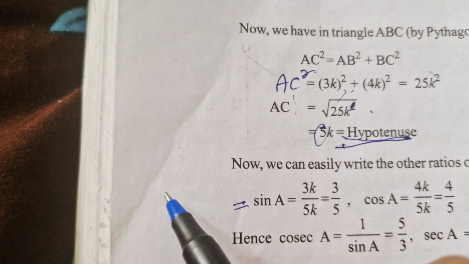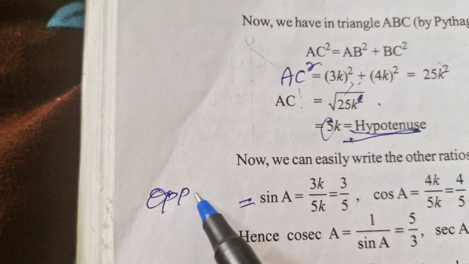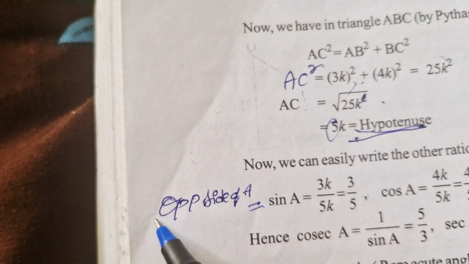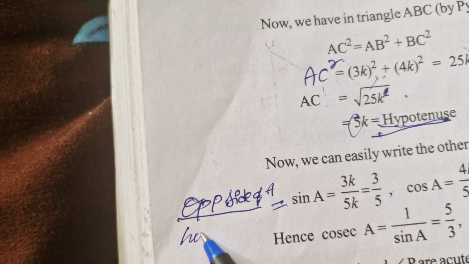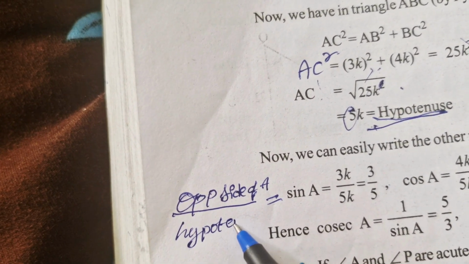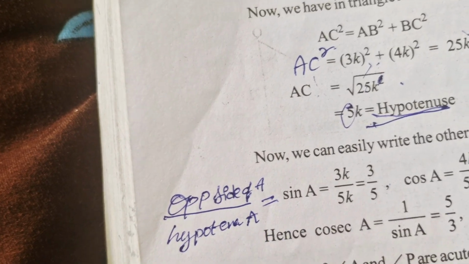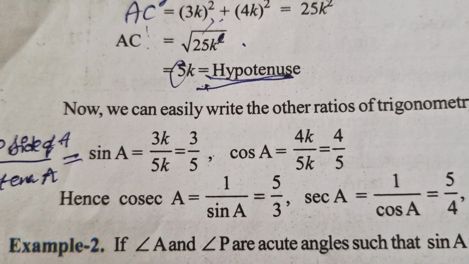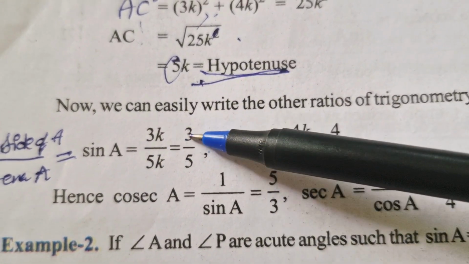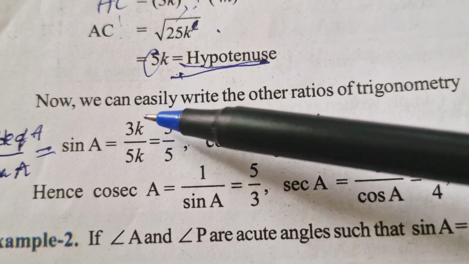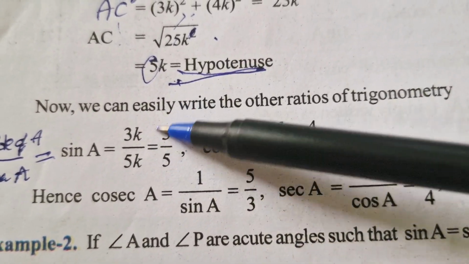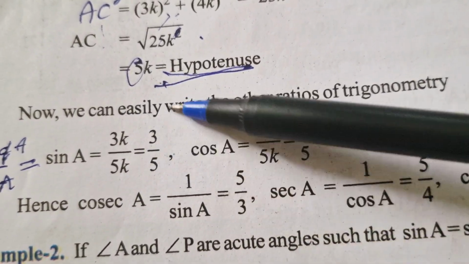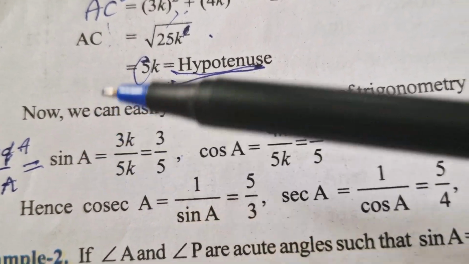It can also be written as opposite side of A by hypotenuse of A. They have mentioned A here, so I have written A. Sin A is equal to 3K by 5K. So K gets cancelled, and the ratio is 3 by 5. Here K is any positive number. Here 3 by 5 is the ratio of sin A.